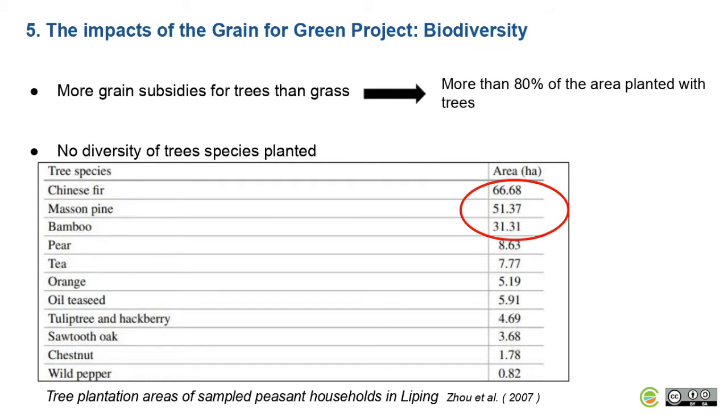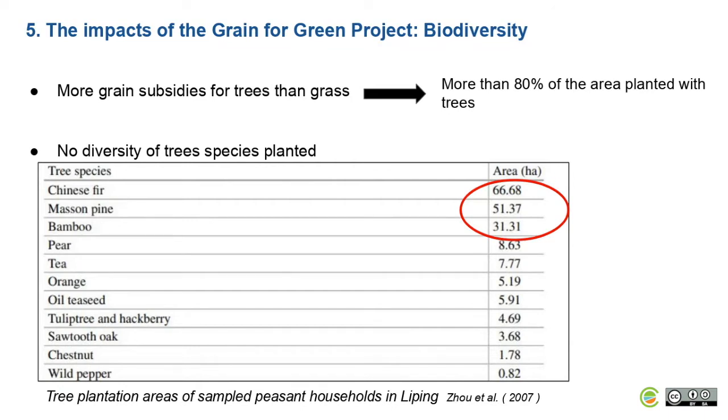And that may be why sometimes the program is considered only as an afforestation, but there was also grass planted in the area. And the fact of planting only trees maybe shouldn't be a big issue concerning biodiversity if there were many kinds of trees planted, but it wasn't the case. Because in most areas, they used only 1 or 2 or sometimes 3 kinds of trees, and this raised a real issue of biodiversity.